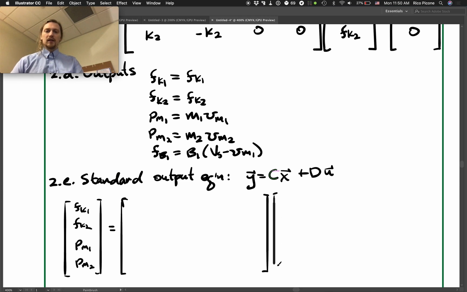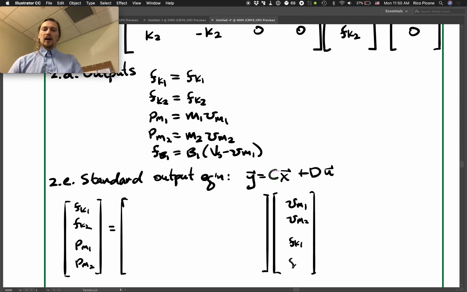I turn my pad and then I can't draw straight lines. Okay, so this is the state vector, so we have Vm1, Vm2, Fk1, Fk2, plus, it's a lot of writing today, my wrist hurts, the D matrix, which has to return a 4 vector, but it operates on a 1 vector, right?